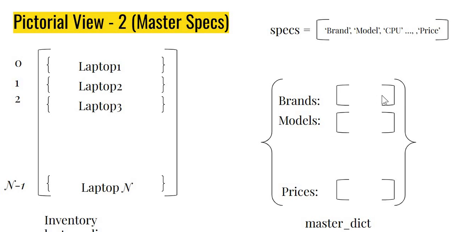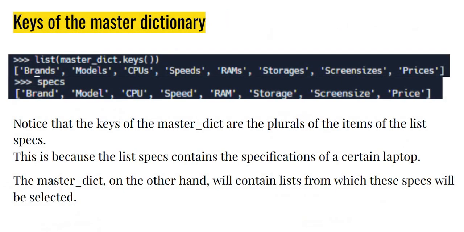So these are all lists. And these keys, notice, are the plurals of this, because it's kind of like saying that, look, every brand comes from one of these brands, which is a list. So this is a little bit more concise way of doing this, rather than creating all these lists separately. By using a dictionary, they come under a single data structure, which makes it quite nice and comfortable to use, right?